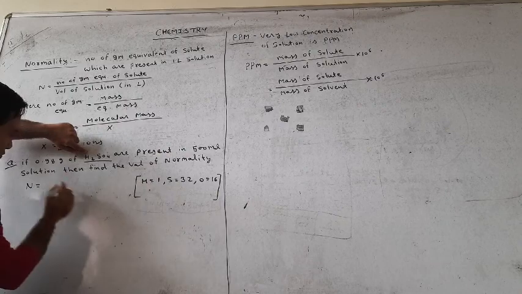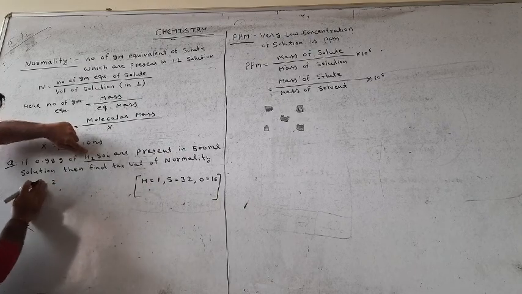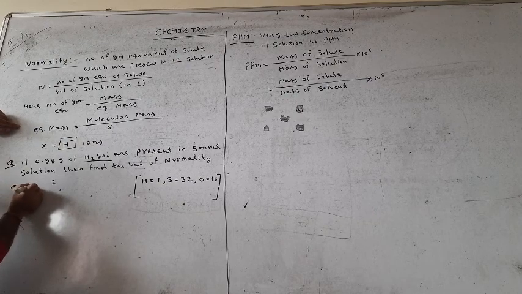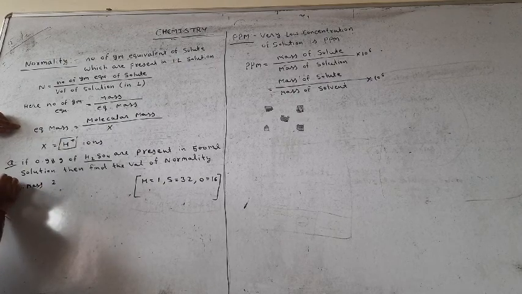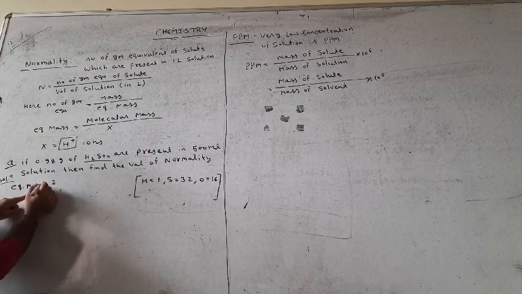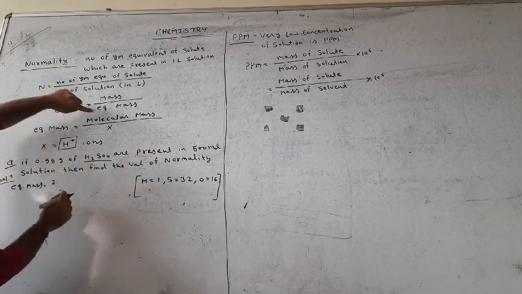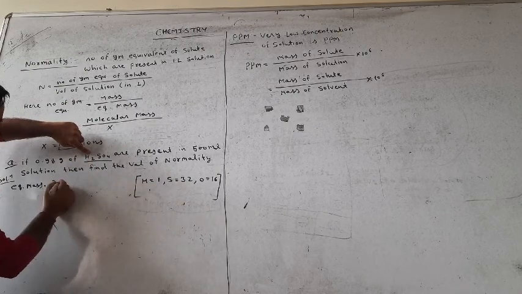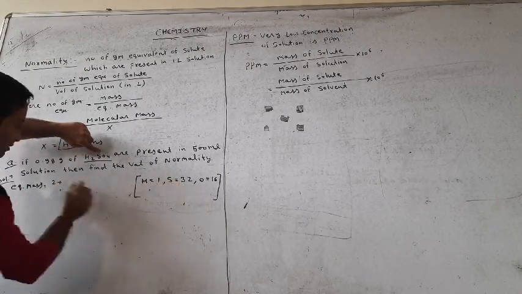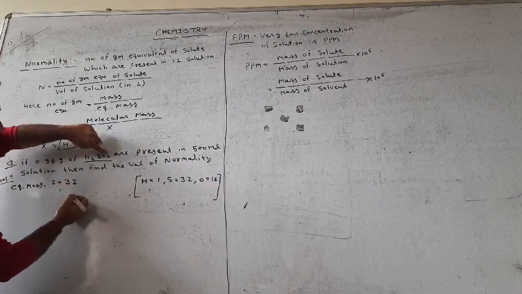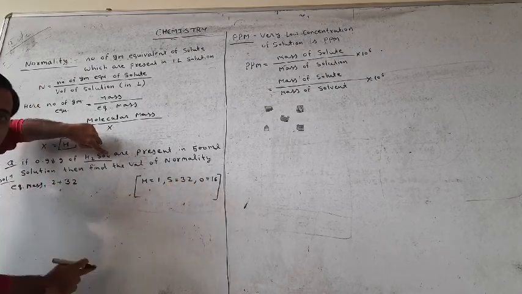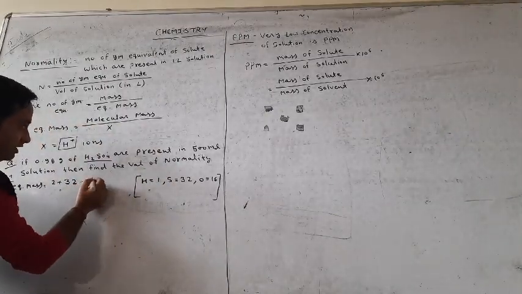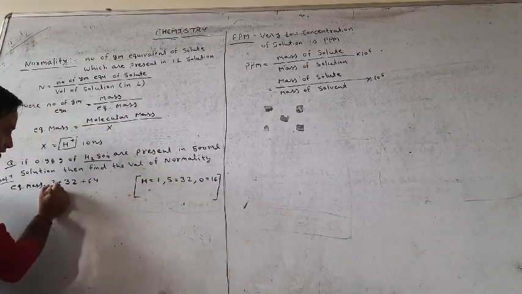H2 means 1 into 2, plus S is 32, plus O4 means 16 into 4, which is 64.